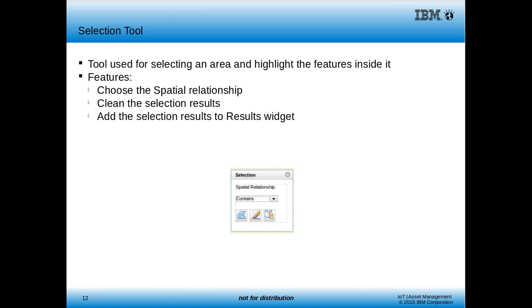Also, you can choose the spatial relationship for this tool. So far we have these two options, contains and crosses. I will explain in the demo when it's better to use one and when it's better to use the other type. Also, you can clear the results and add the selection results to the widget.